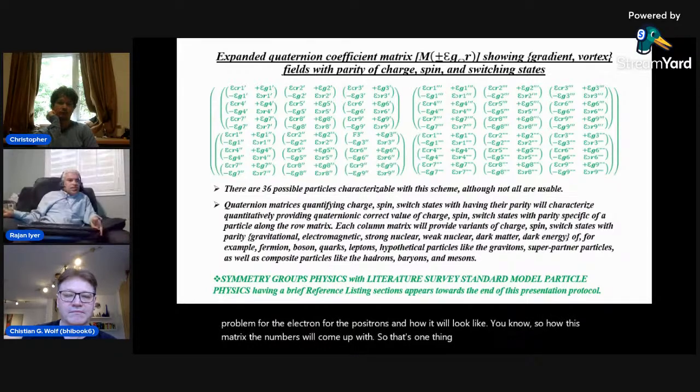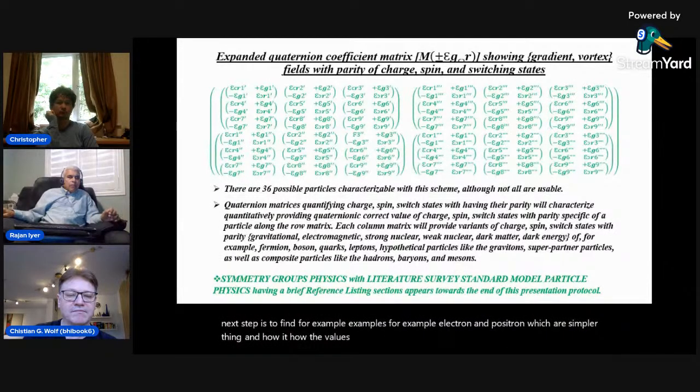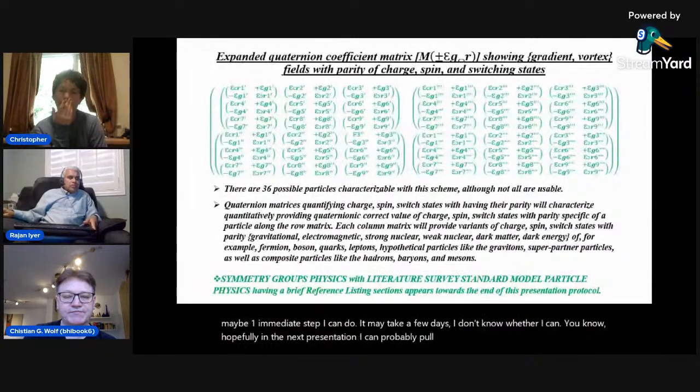The next step is to find examples, for example electron and positron, which are similar things, and how the values come and how they compare with the Pauli matrix. That's maybe one immediate step I can do. It may take a few days. Hopefully by the next presentation, I can pull out some examples.